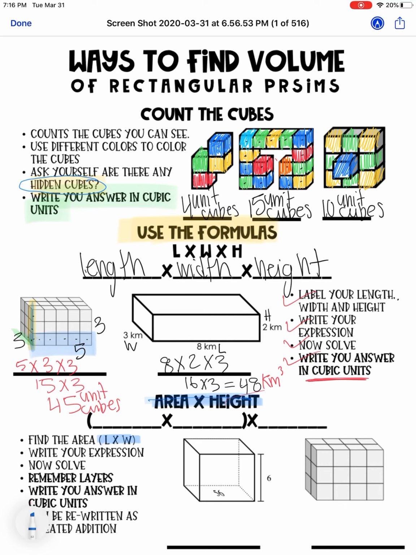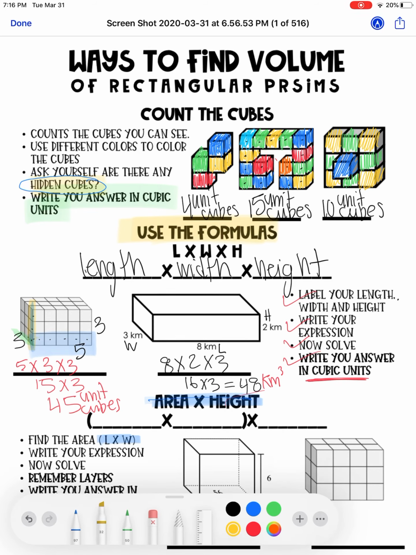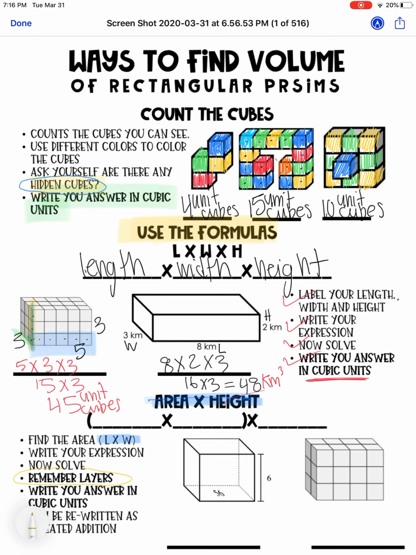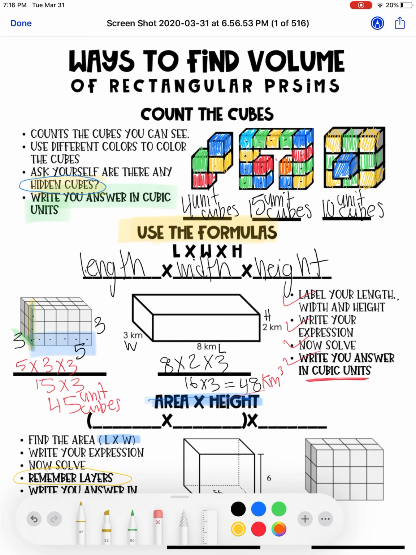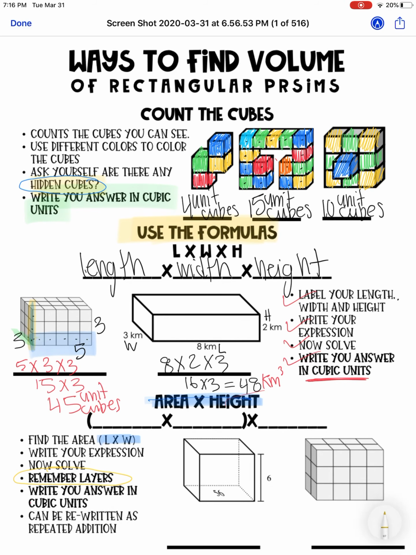Write your expression, solve. Remember layers. This is something we're going to talk about down the road, probably a couple days from now. So we're going to talk about layers later. Write your answer in cubic units.